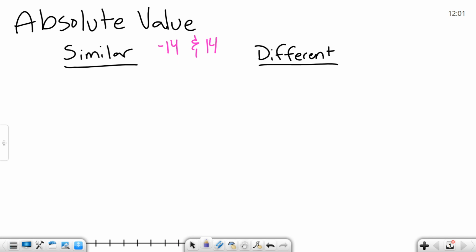Some things that you might have listed for similar is that both of them contain the number 14 and that they would both be considered rational or integers.